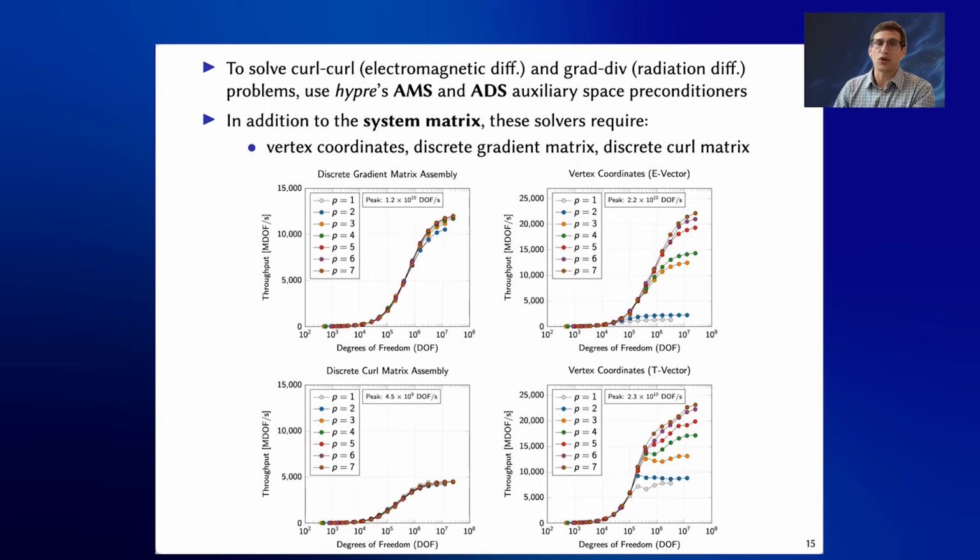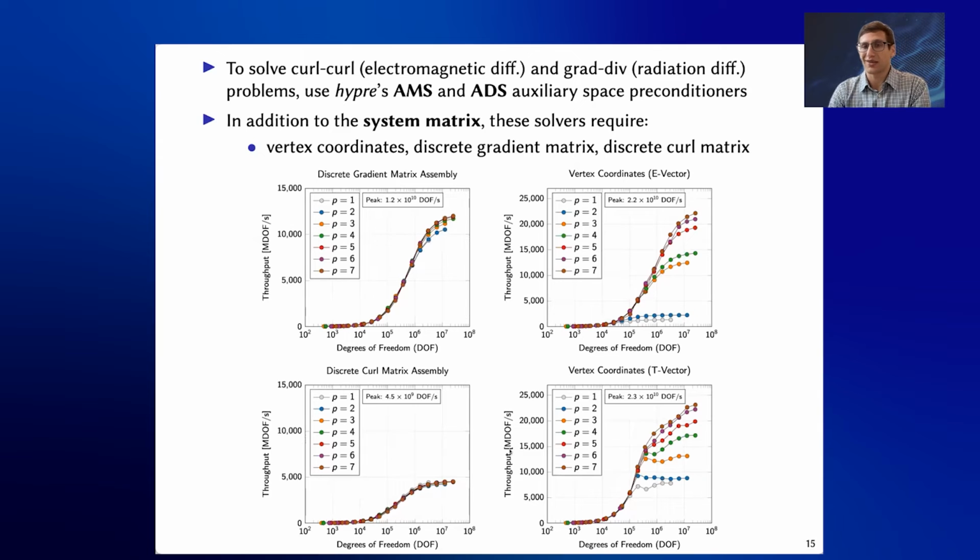So they might require a discrete differential operator in the form of another matrix and also mesh vertex coordinates. So we need to do a little bit of extra work preparing these extra inputs to send to Hypre to construct the preconditioner. And that's also implemented, and these are really fast, using properties of this interpolation point basis, the special basis that I mentioned earlier.